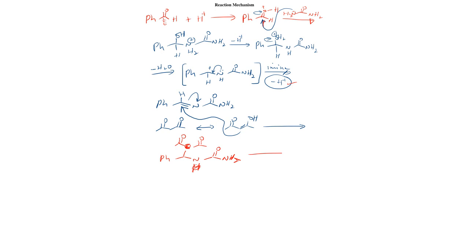In the next step, as the reaction is carried out in the presence of acid, one of the carbonylic functionalities of the 1,3-diketone will be protonated. Let's suppose this carbonylic functionality is protonated.